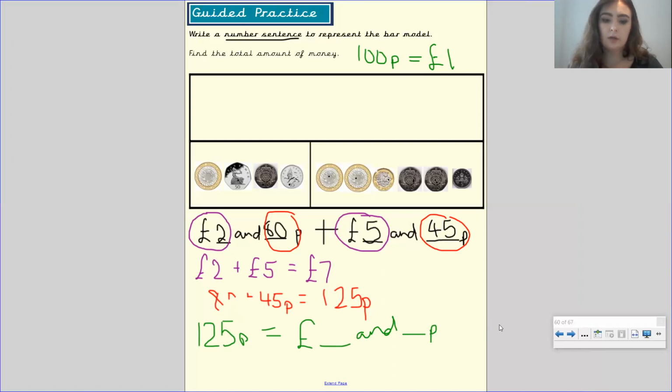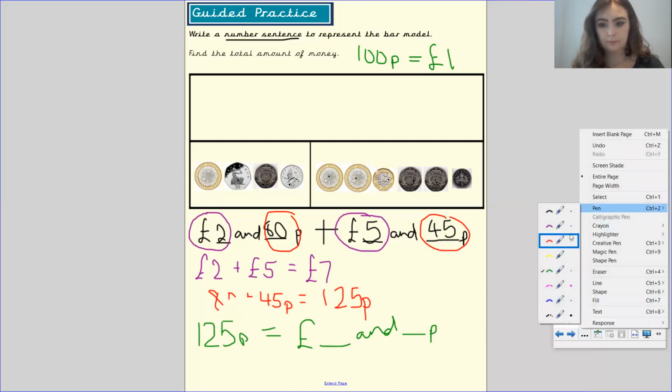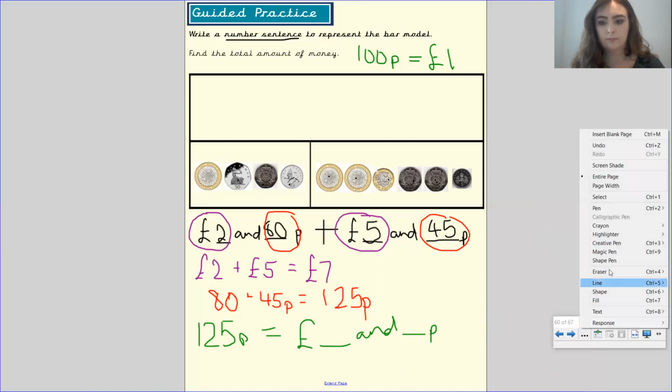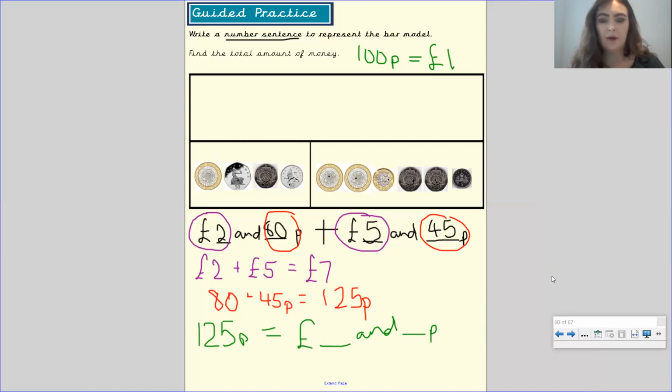Pause the video to work this out. Okay, great work. So because we've got 100 pence here, we've got £1 and then we've got 25 pence left over. So it's £1 and 25 pence.